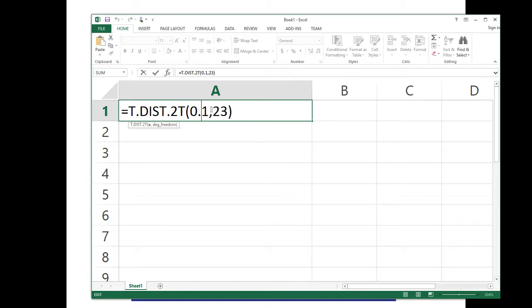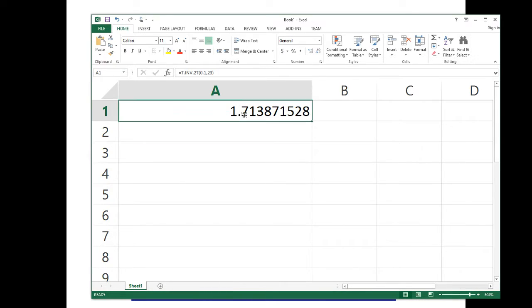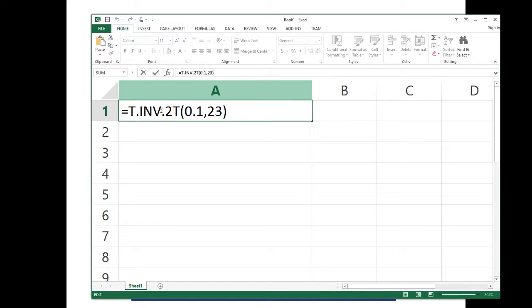Okay, degrees of freedom, I'm sorry. We have to use the inverse. So to find the critical value, we have to use the T distribution functions, and this one is the inverse cumulative distribution function.